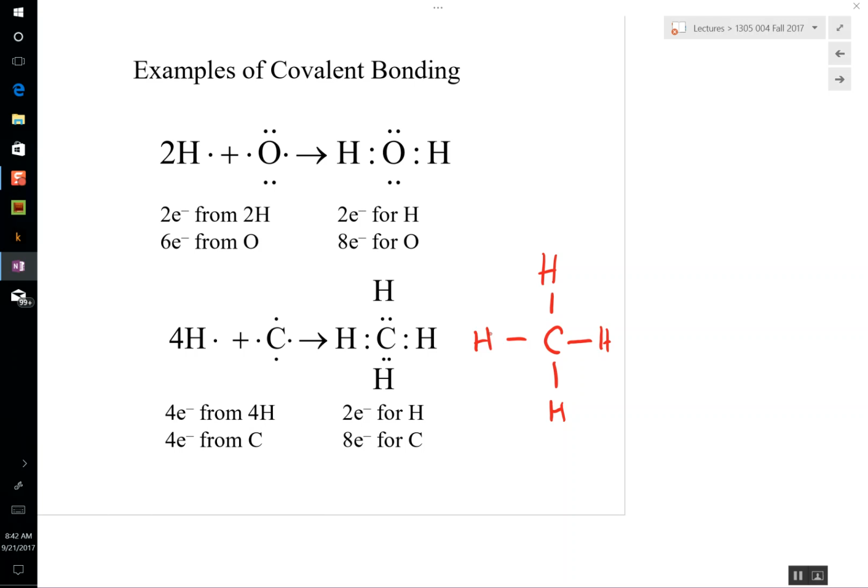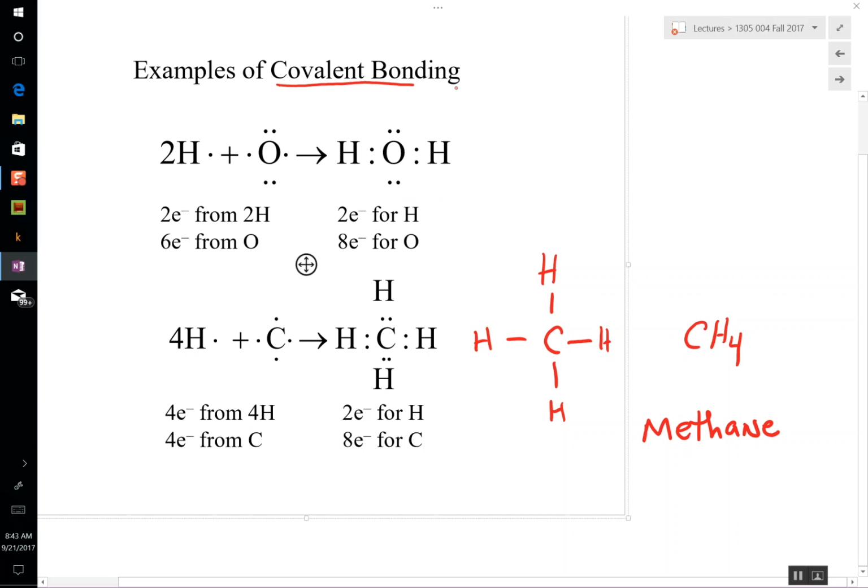It has taken each one of its electrons and shared it with a hydrogen atom, and you get this molecular formula for it, CH4. 1 carbon, 4 hydrogens. And this is methane, or natural gas. This is the gas that is fueling your stove, your furnace. This is methane. CPS Energy is delivering that gas to our homes. And this is covalent bonding.